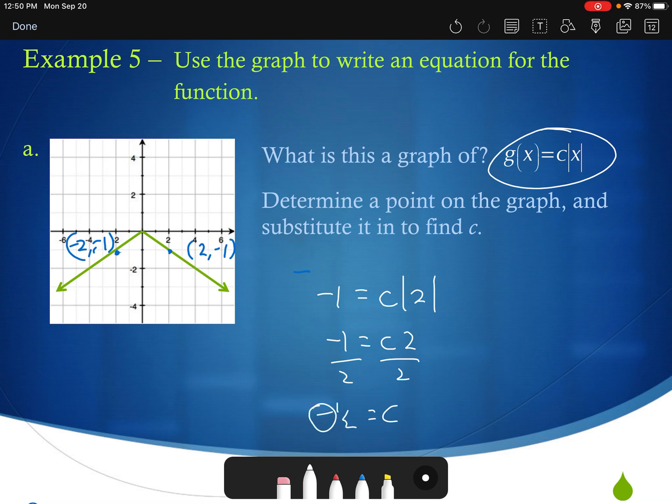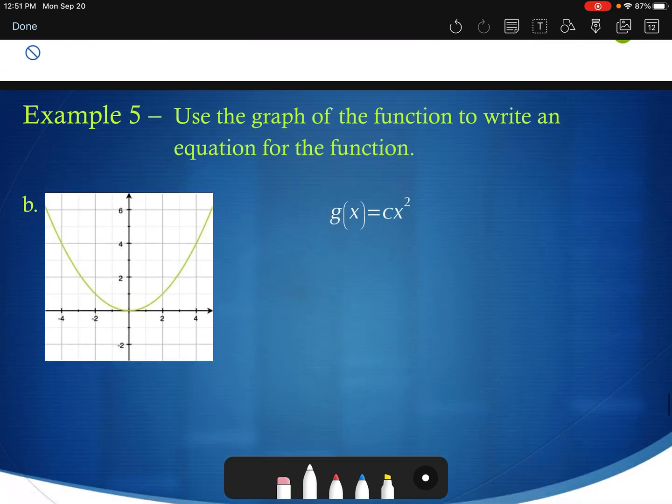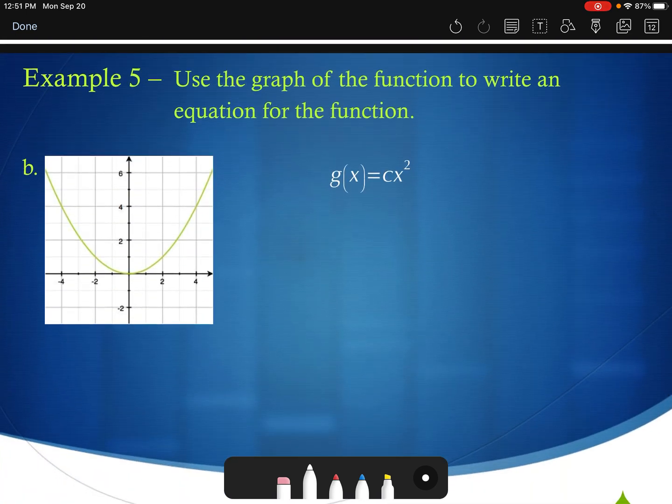And the negative obviously flips it on the x-axis. So our graph then is actually -1/2 absolute value of x. It's pretty slick. It's vertically, let's see, it's a half, and it's on the outside. So it's a vertical shrink of 1/2.